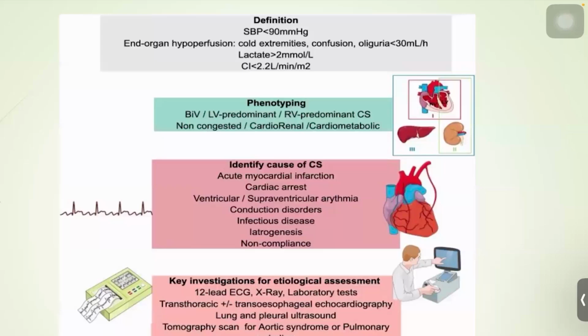Cardiac index less than 2.2. Now you can define the cardiac failure or acute cardiogenic shock by biventricular nature, LV predominant nature, RV predominant nature, and also by non-congested cardiorenal, cardiometabolic, which are a chronic state of heart failure.